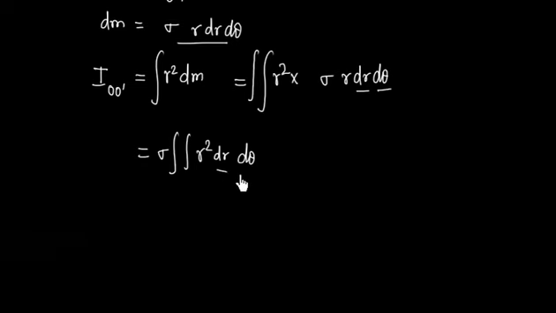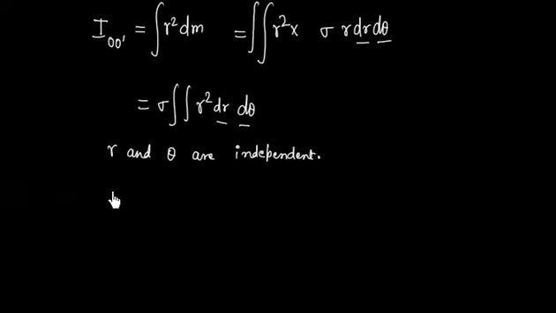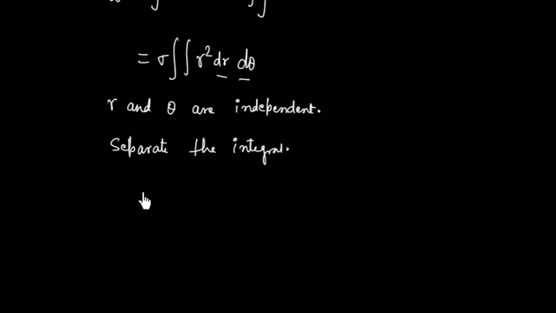Now r and theta are independent, so we can separate the integral. That is, we can integrate separately.